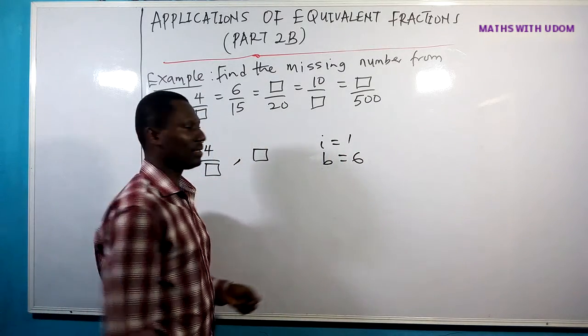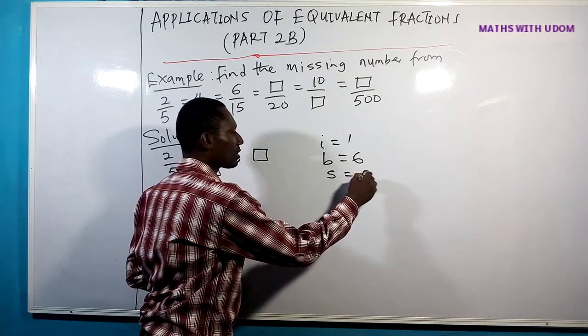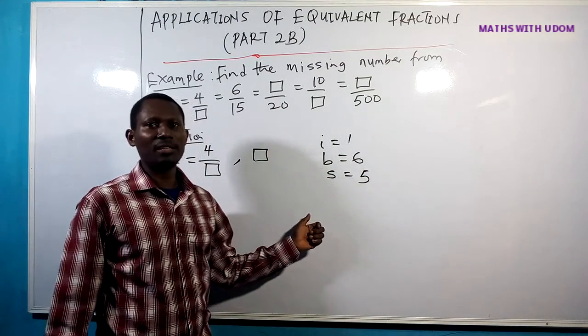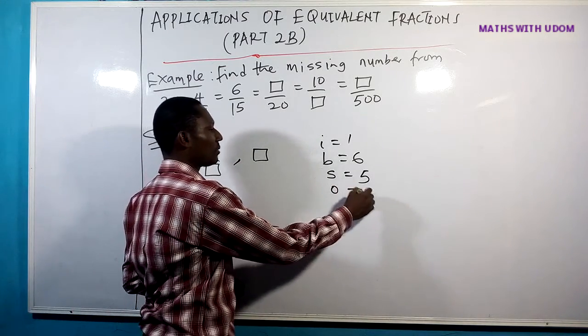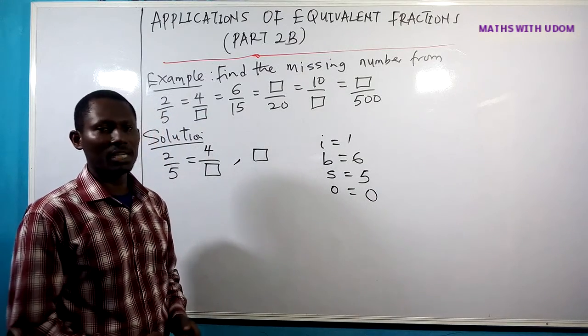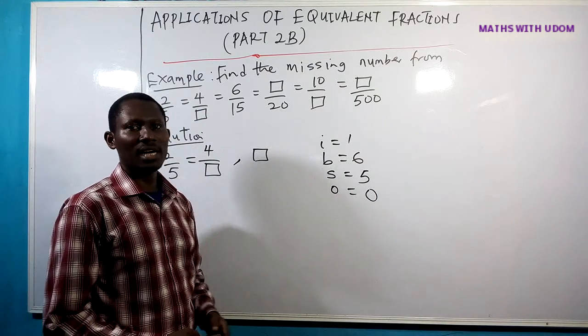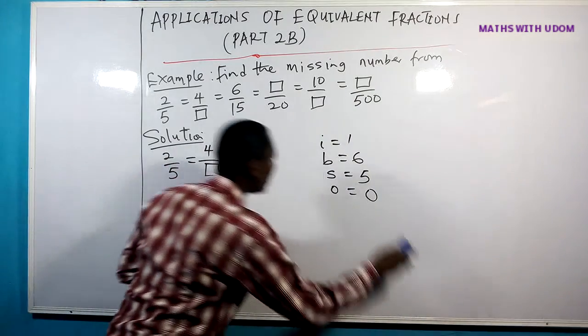Write it properly. If you want to use S, you have to be very careful because it looks like 5. And O looks like 0. You have to be very careful with these alphabets. They are very dangerous to use as unknown. Take note of that.